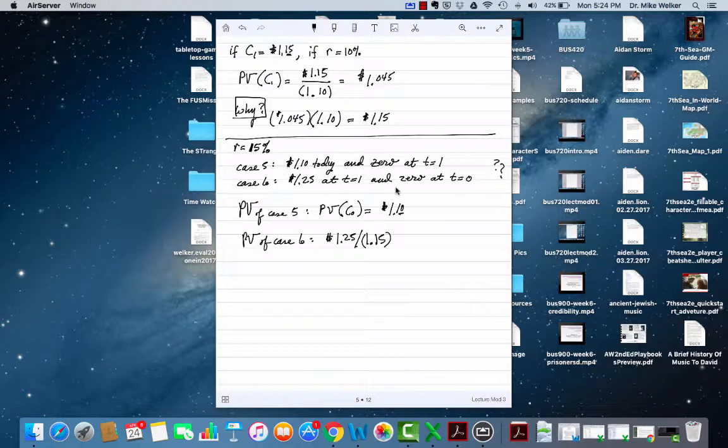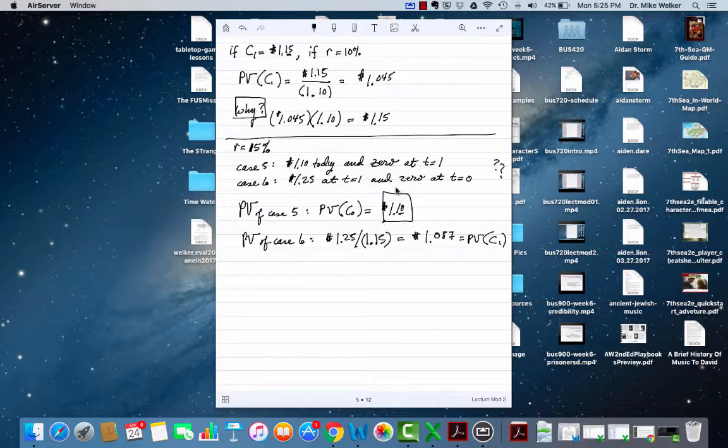So $1.25 in time period 1, discounted, gives me, let's see, my calculator finds about 1.087. That's thus the present value of cash received in time period 1. So you would prefer case 5, because you're getting more money. It's very simple: the higher is more preferable for the rational investor.